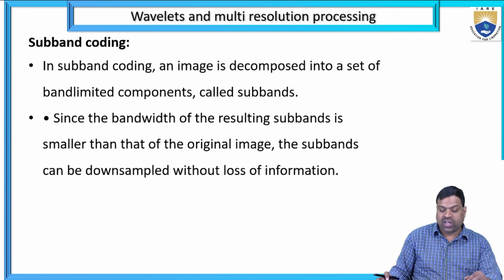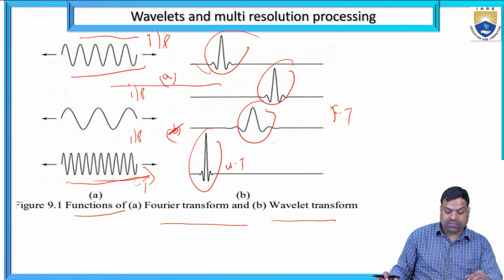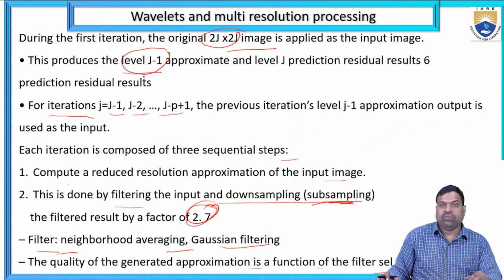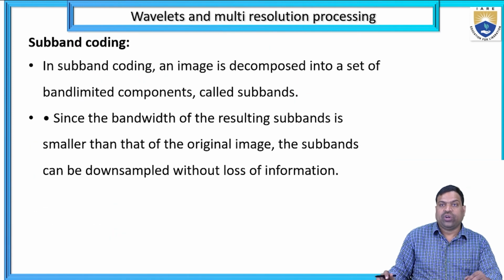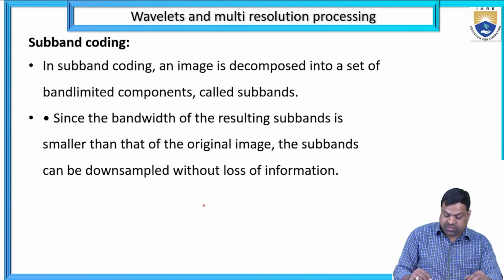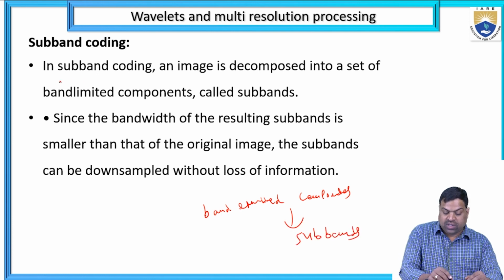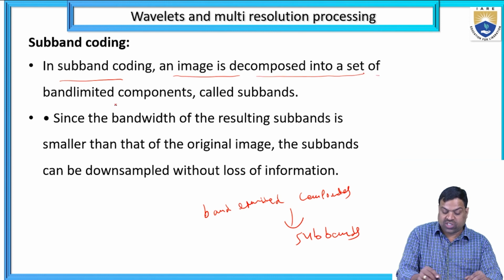Another one in the image pyramid is the subband. In subband coding, an image is decomposed into a set of band limited components called subbands.